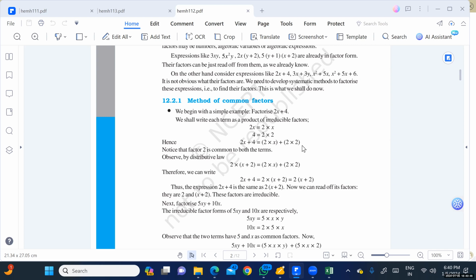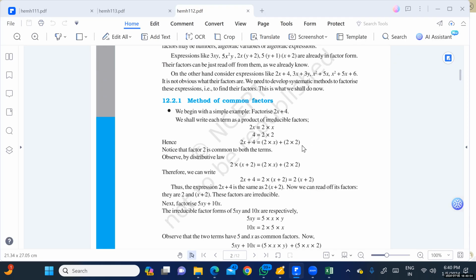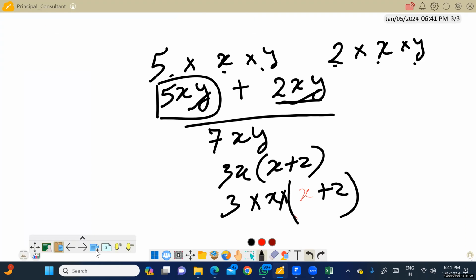Let's do it on the board and see how you break this piece by piece, bit by bit. 2x plus 4. Let's understand this step by step. If you understand the small steps, you'll be able to understand the bigger factorization better.